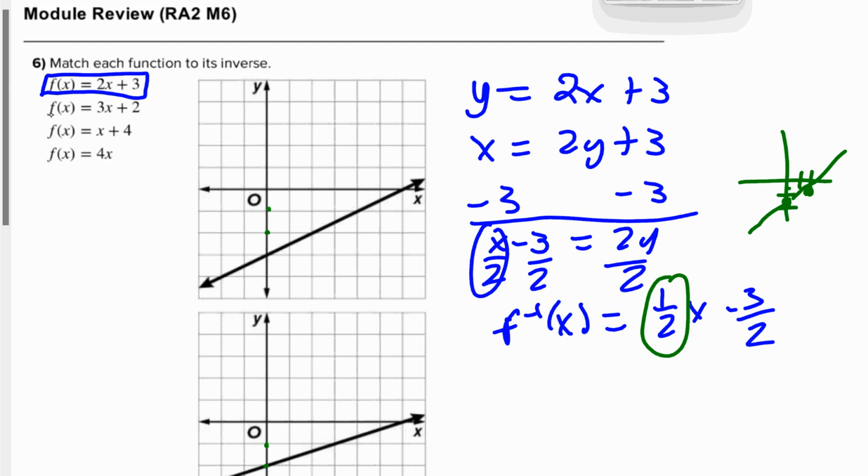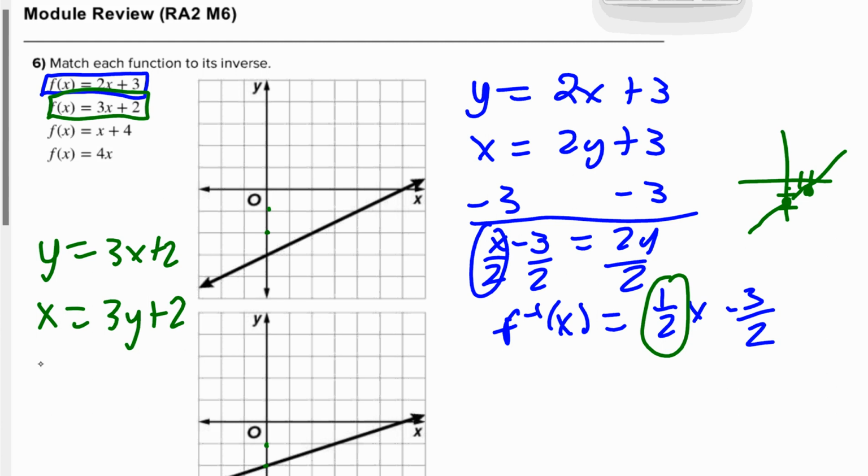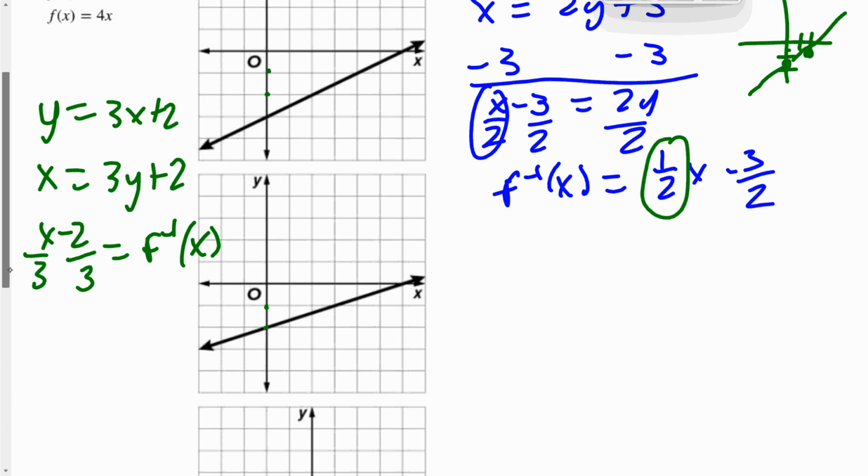Okay, yep. Okay, now the next one, I'm going to switch my f of x to y. I'm going to switch x and y. I'm going to solve for y, so subtract 2 on both sides, and then divide by 3, and then switch it to f inverse. Right, so it's 1/3 and down 2/3. So down 2/3.